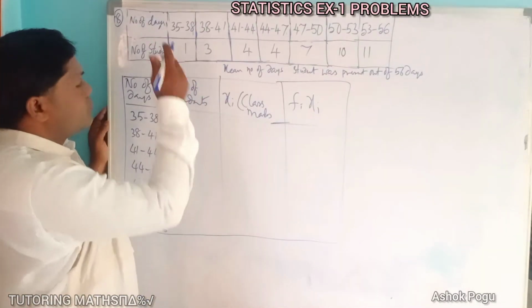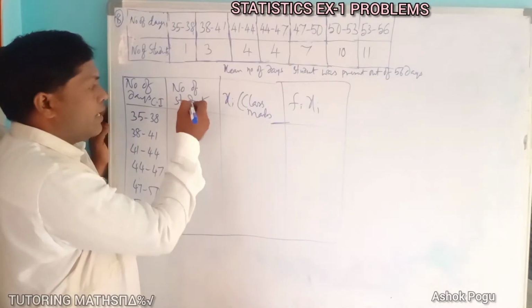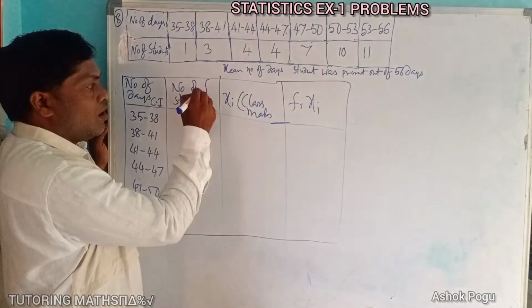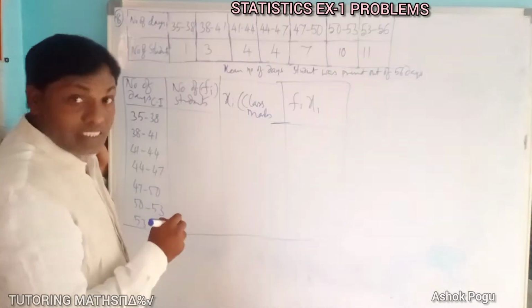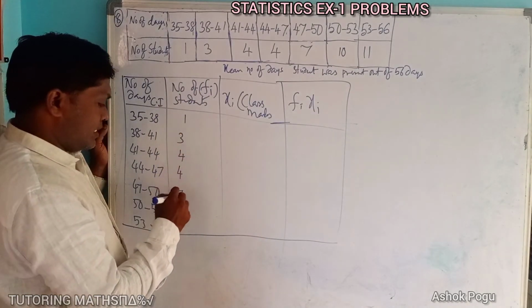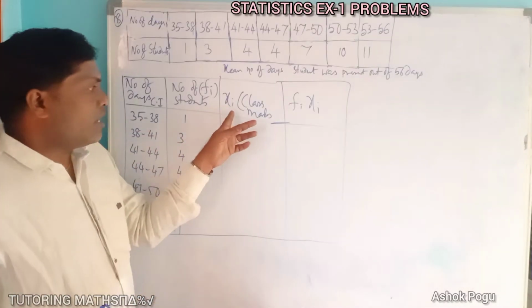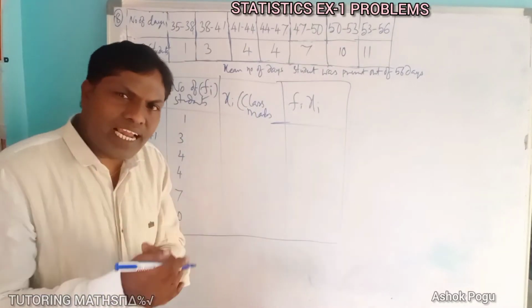Take the number of students, which is called frequency, as we know. They are 1, 3, 4, 4, 7, 10, 11. Now coming to class marks. How do we find class marks?